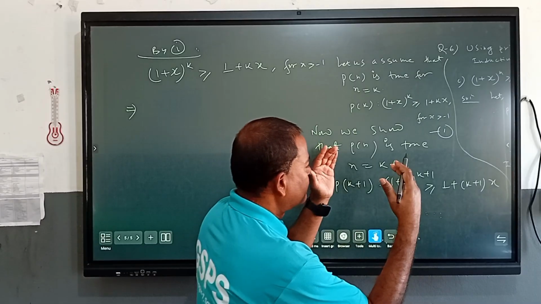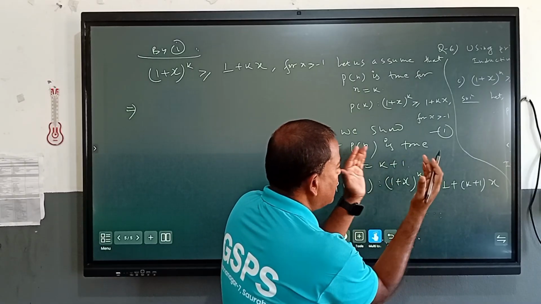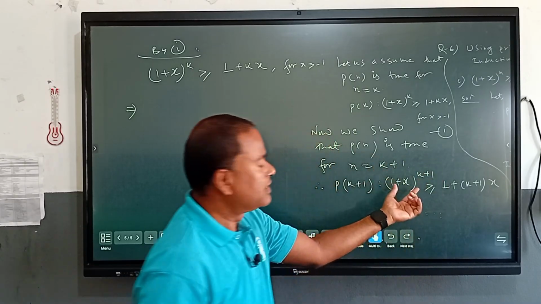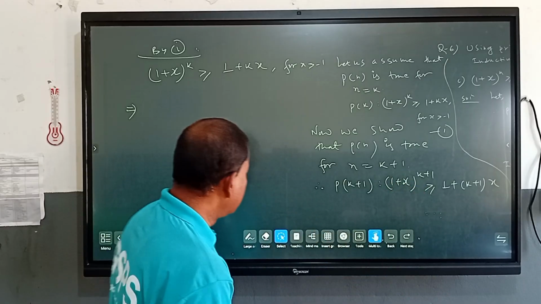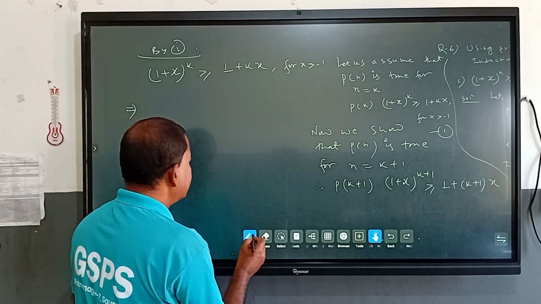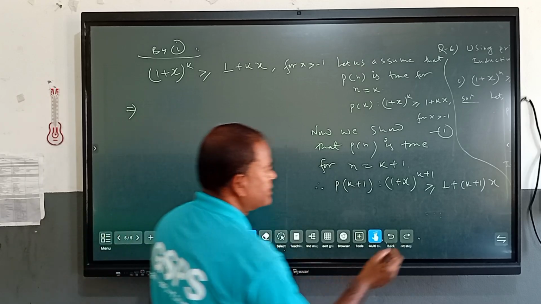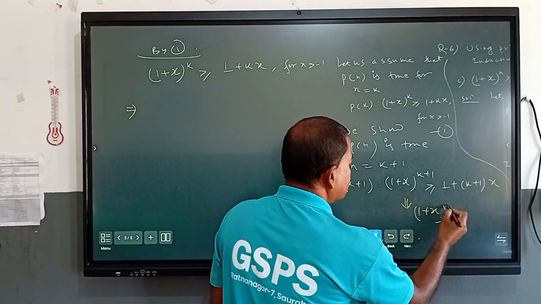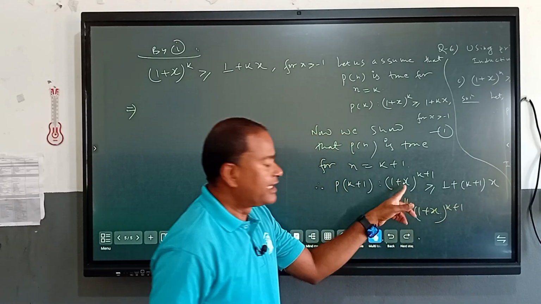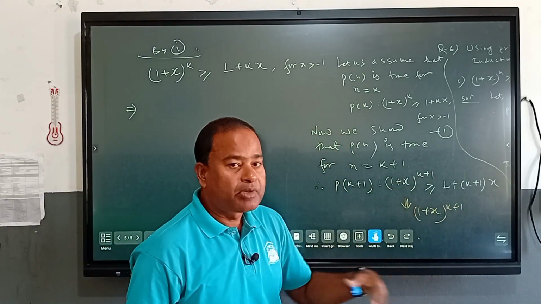So first we'll focus on the expression of the left hand side. We need (1 plus x) whole power k plus 1. So let's do some calculation in the rough.